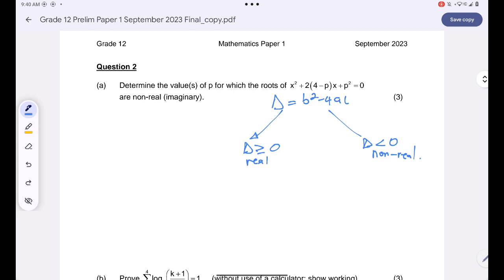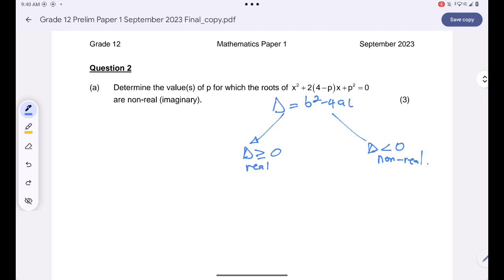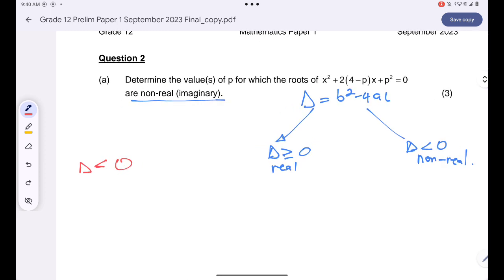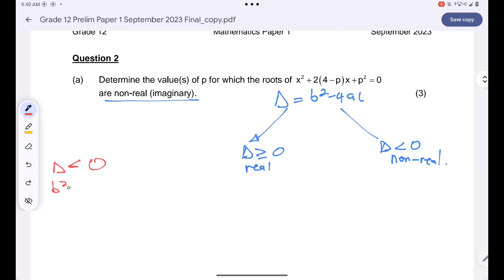Okay. So the roots are already described to me, so I don't have to prove that delta is negative. I'm already told that the roots are non-real. Are you together? So I can conclude that delta for that equation is less than 0. But what is delta? Delta is b squared minus 4ac.